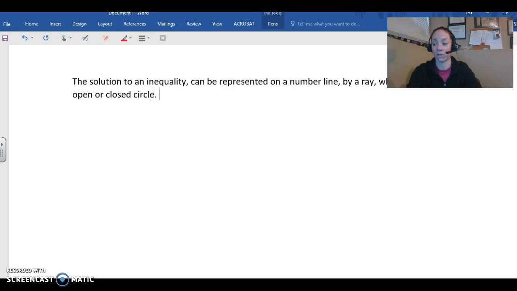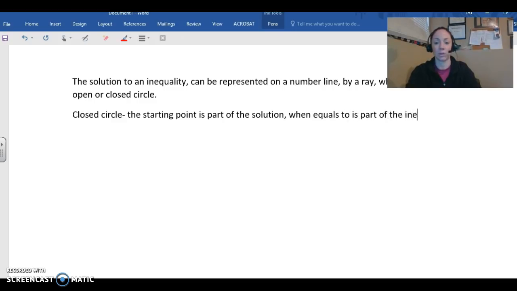The closed circle means that the starting point is part of the solution. So when equal to is part of the inequality, you will use a closed circle.